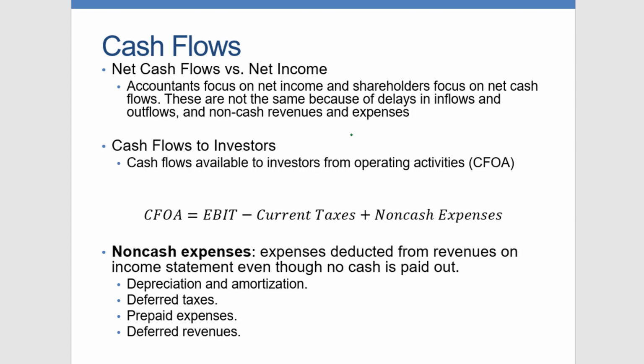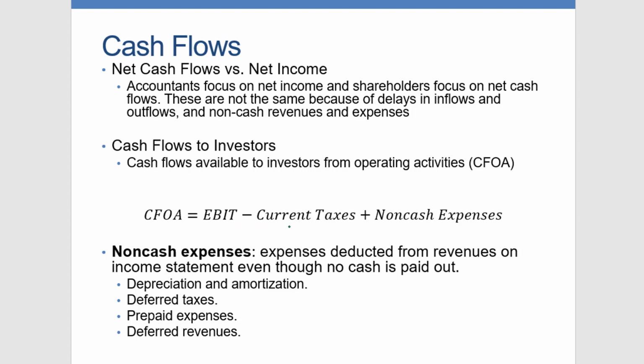If we want to figure out the cash flows available to, say, investors from operating activities, we have to adjust the numbers from our income statement, balance sheets, and those accounting statements. So here's one formula we can use. For cash flows from operating activities, we take our earnings before interest and tax.